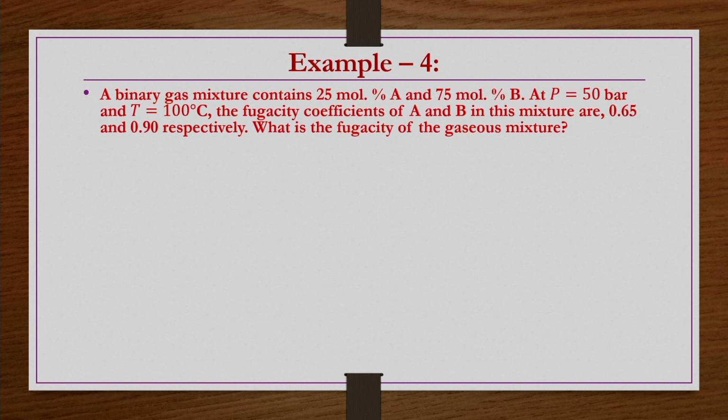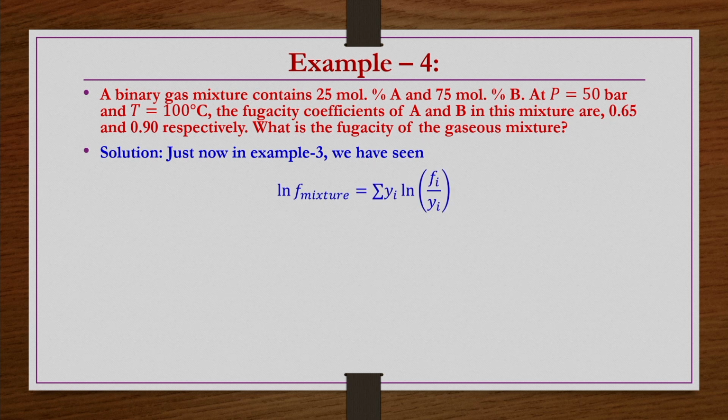In the previous example problem, number 3, we derived that ln f mixture is equal to sigma yi ln (f̂i by yi). Till deriving this part we have not made use of any assumption whether the mixture obeys the Lewis-Fugacity rule or not. Now in the fourth example it is not given whether the Lewis-Fugacity rule is obeyed or not.